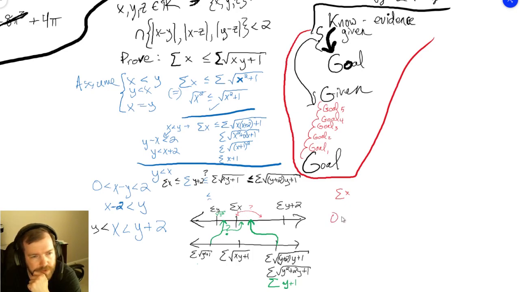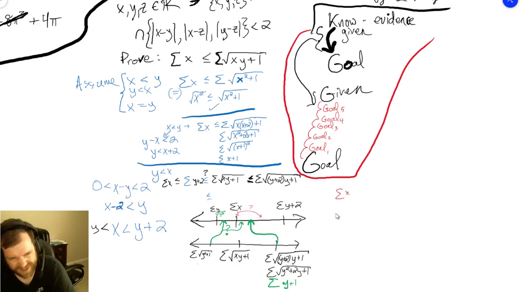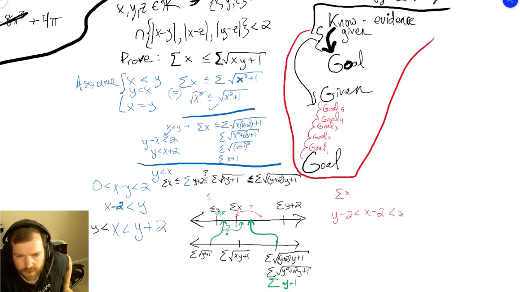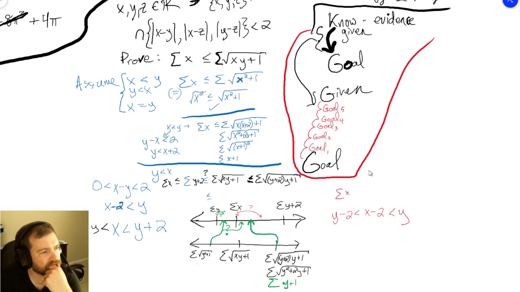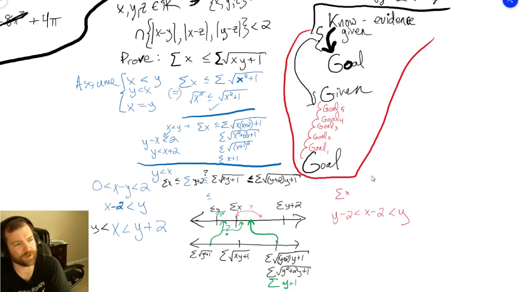Let's go with 1. y minus 2 is less than x minus 2 less than y.